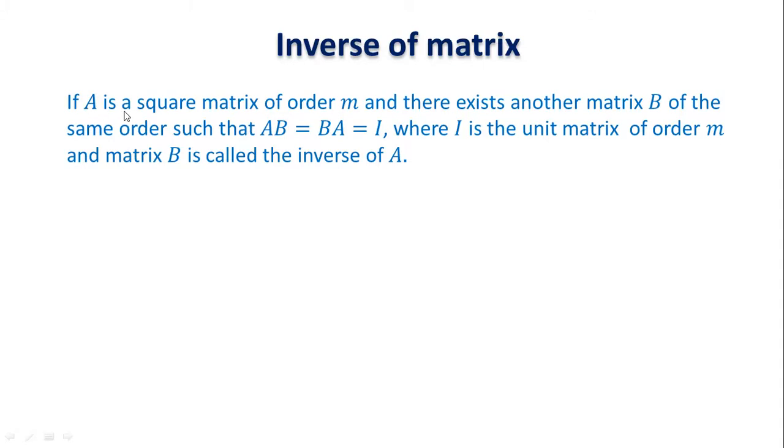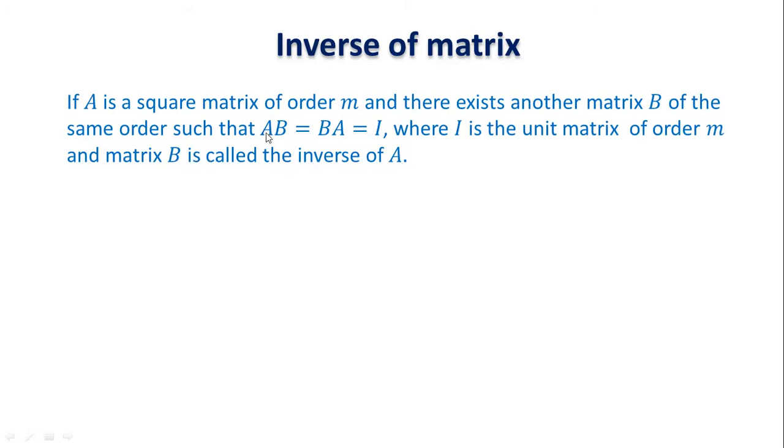So here, if A is a square matrix of order M, and there exists another matrix B of the same order such that A into B is equal to B into A is equal to I, where I denotes the identity matrix or unit matrix of order M, then matrix B is called the inverse of A.